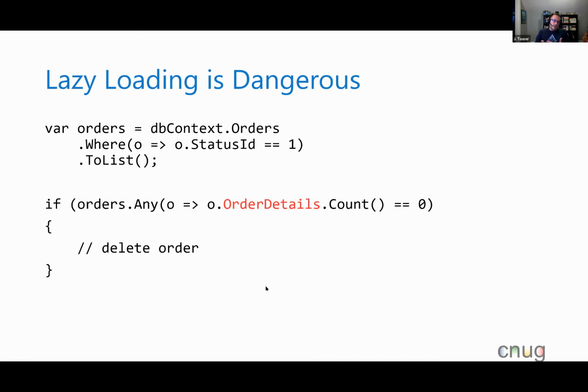So imagine a scenario like I've got here on this slide where I've got orders and order details in a database, and I've created a DB context for Entity Framework with both of those represented as different entity sets. I could easily do this first query here where I'm going to get the orders where the status ID is 1, and then cast those all to a list.